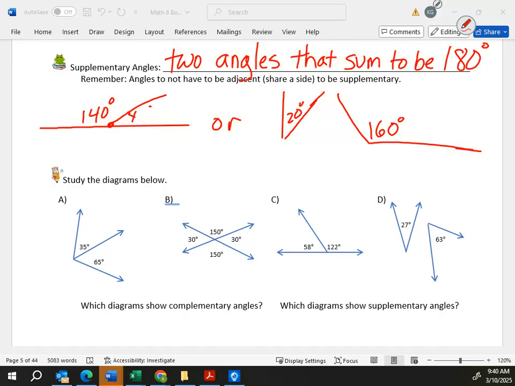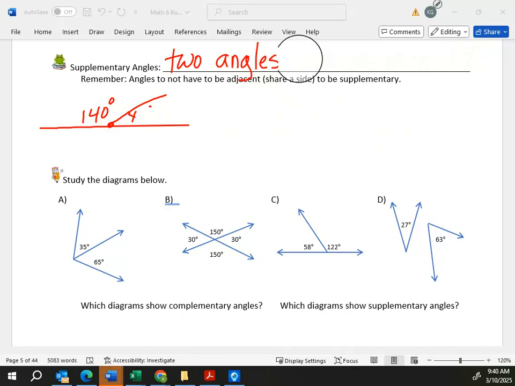There could be more than one answer. So second question, which diagrams show supplementary angles? Again, it could be one answer, it could be more than one. Put down the letters of the diagrams that show 90-degree angles and the ones that show 180 supplementary angles.